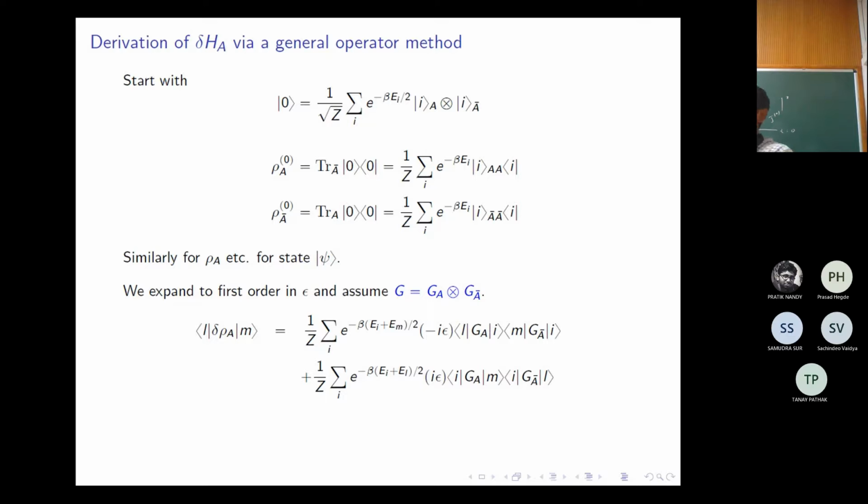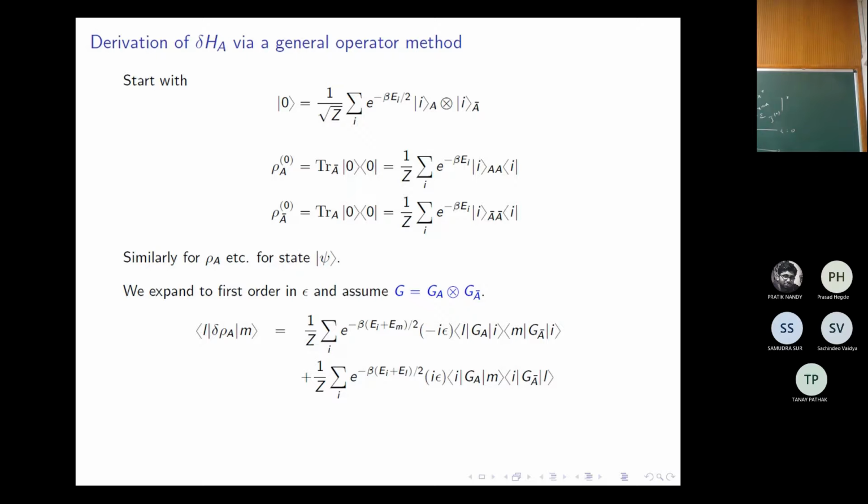You can think of GA plus GA bar as the case when for one, GA bar is identity, and in the other, GA is identity. But anyway, this is a more general formula that we are proving. Yeah, but that is a special case of this. This is what I'm saying.